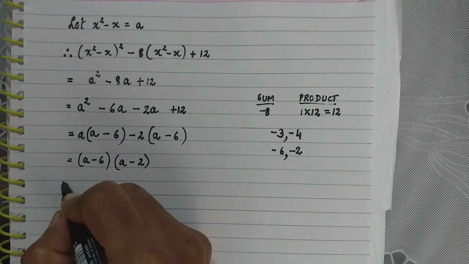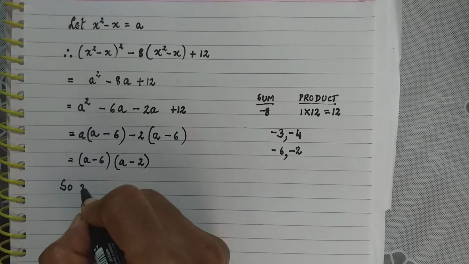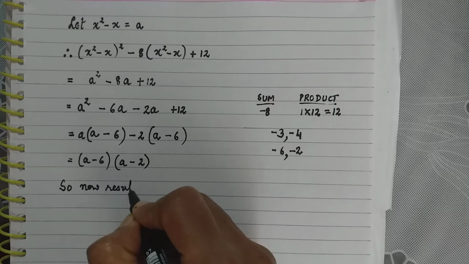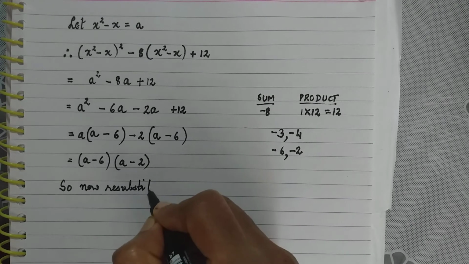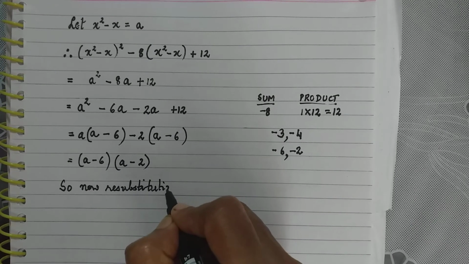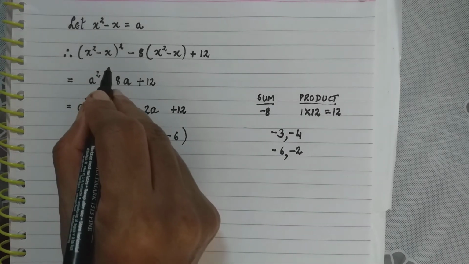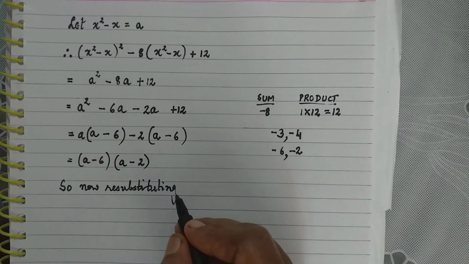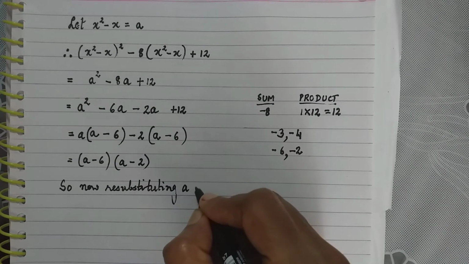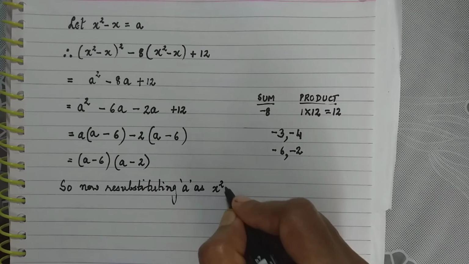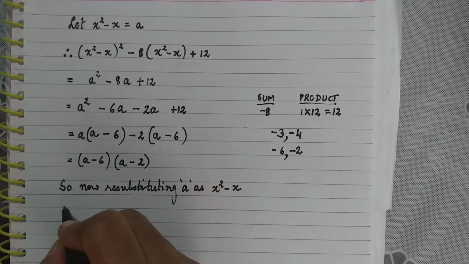So now resubstituting, in place of a we are putting x square minus x. So we write a as x square minus x.